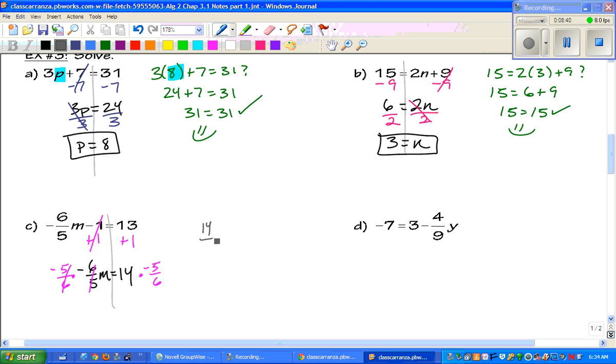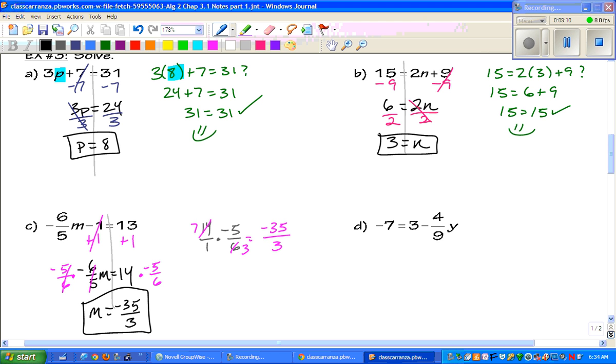Off to the side, we're doing 14 over 1 times negative 5 over 6. 6 and the 14 reduce to 3 over 7, which gives us negative 35 over 3 when we multiply. And that cannot be reduced, so that is our final answer.